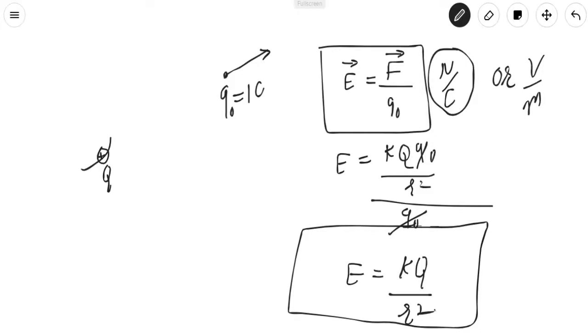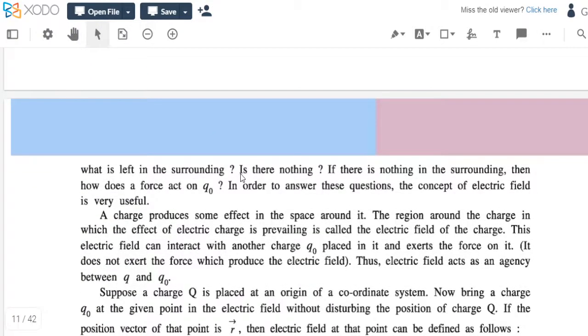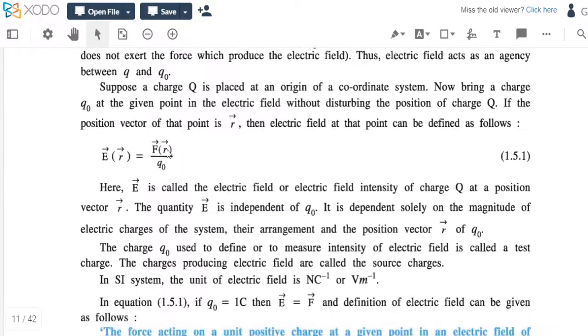Okay friends, suppose you are asked what is the electric field. So this is the simple statement you may answer. This is theory to understand, not to prepare, so just take it easy and concentrate to understand it. What is electric field? Electric field at the distance r is the force per unit charge.